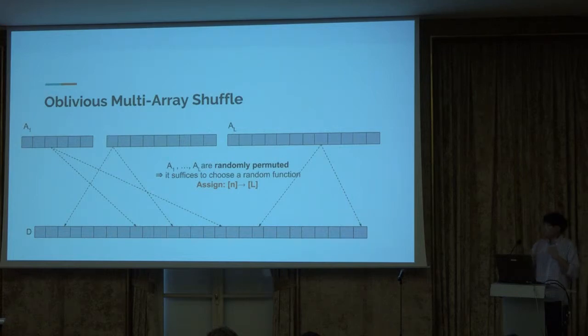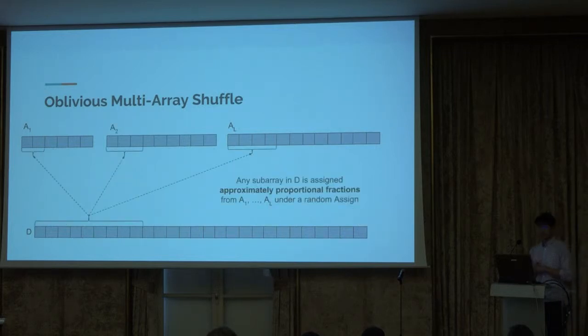We show that it's sufficient to choose something like this assign function. This assign function just describes, for any specific entry in the output array, which of these L arrays I should get the input from. It doesn't matter from which part of the array. We just need to specify the array it needs to come from. And in fact, this should be easier in some sense, and it is. So we can avoid doing oblivious sorts.